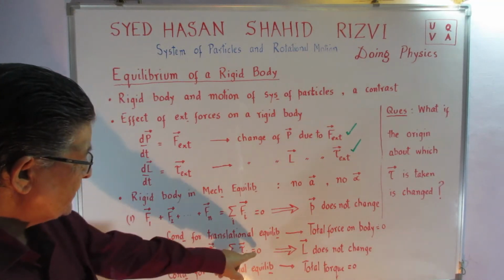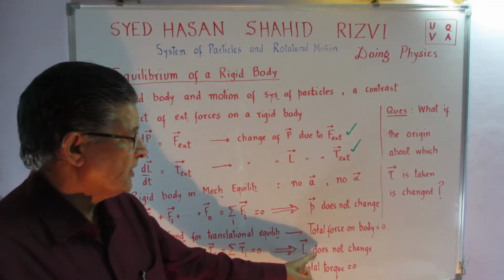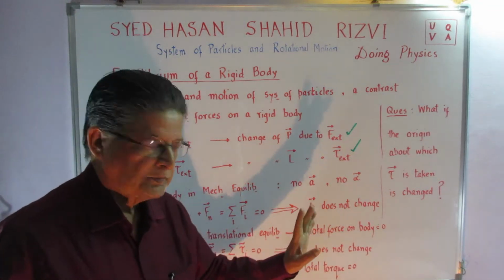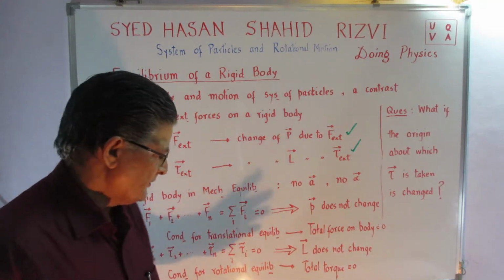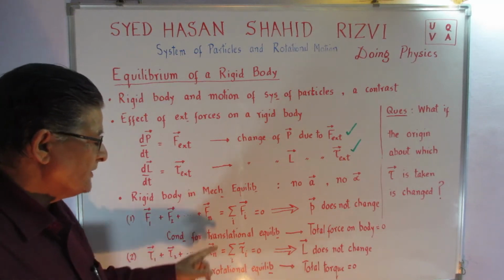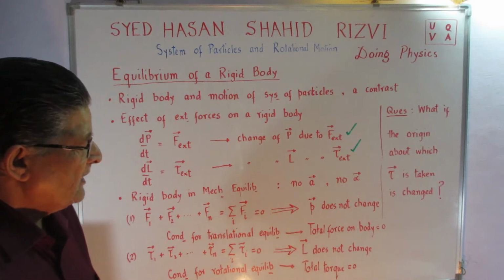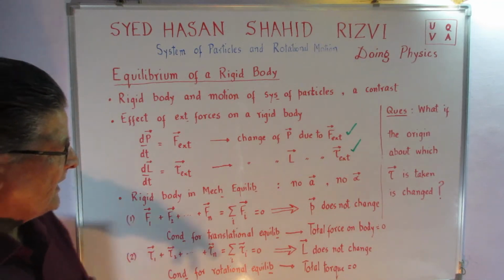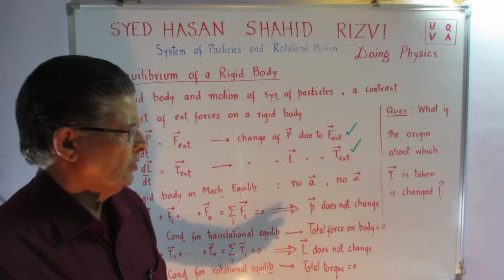If this is equal to 0, what does that mean? Then the angular momentum of the system does not change. It remains unaltered, conserved. So the condition for rotational equilibrium is given by the total torque equal to 0, which is very simple.